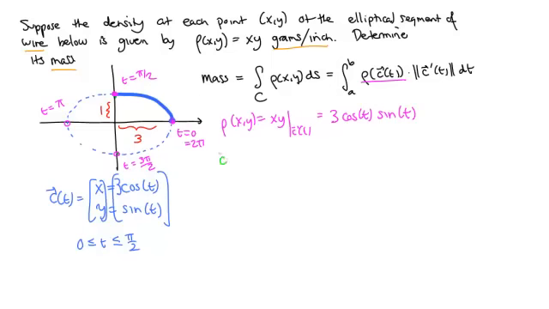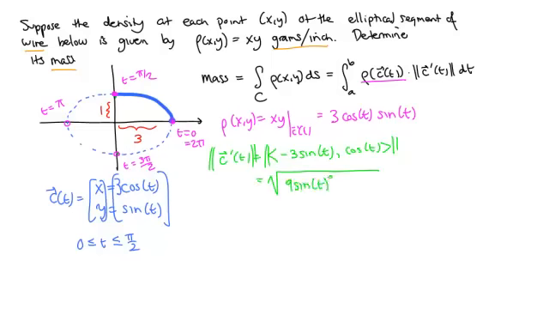On the other hand, the derivative of the first component is negative 3 times the sine of t, and the derivative of the second component is cosine of t. And so if we take the speed, the magnitude of the derivative, we're going to come up with the square root of the quantity 9 sine of t squared plus cosine of t squared. That would be this component right here.